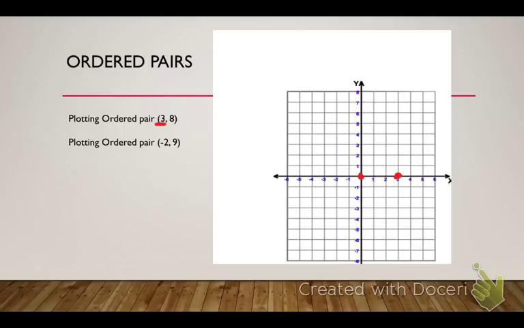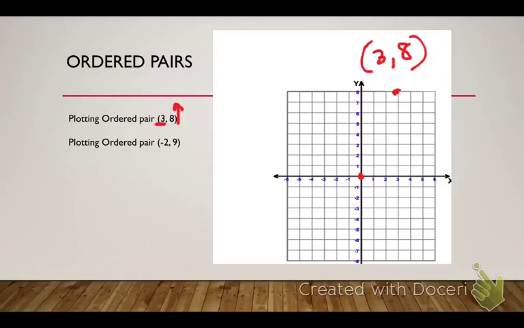Now I'm not going to actually plot that point, I'm just showing you my thinking right now. From that position, now I'm going to go up 8, because positive 8 is up, and it's all the way up here at the top. So this is my final point. I'm going to go back and erase that extra one there, and then usually we label them. So this is the point (3, 8).